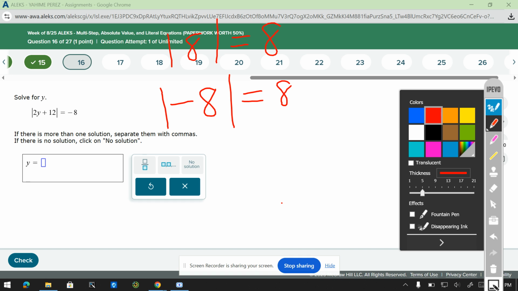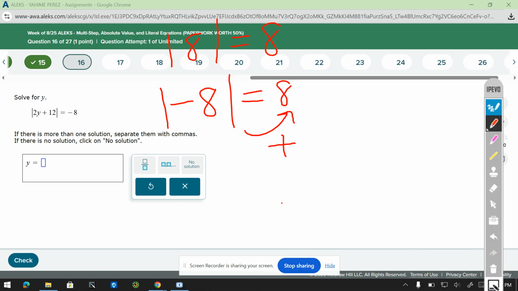So this applies to equations as well. The absolute value bars have to be equal to a positive number.